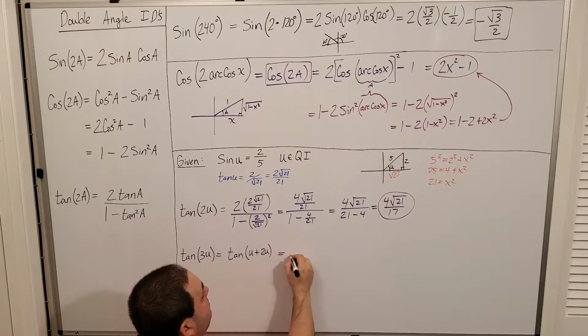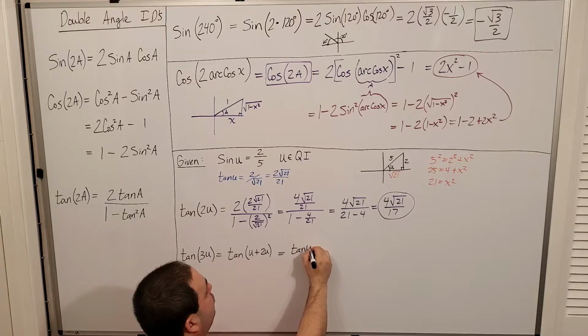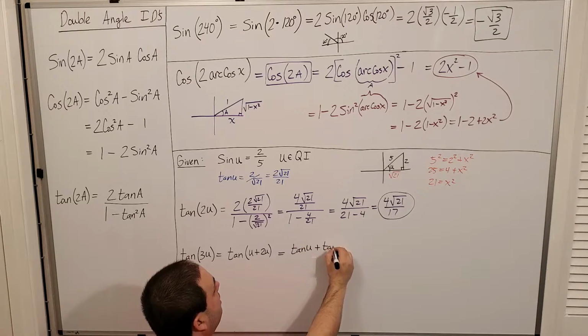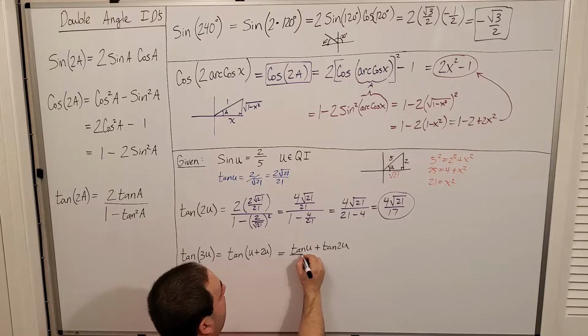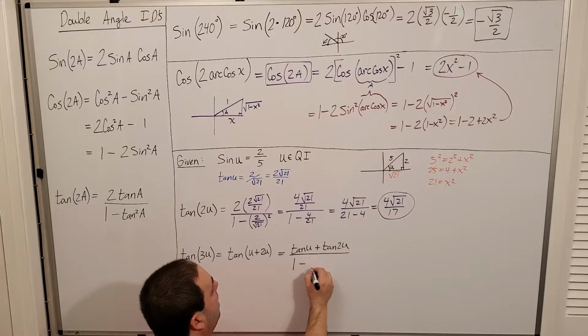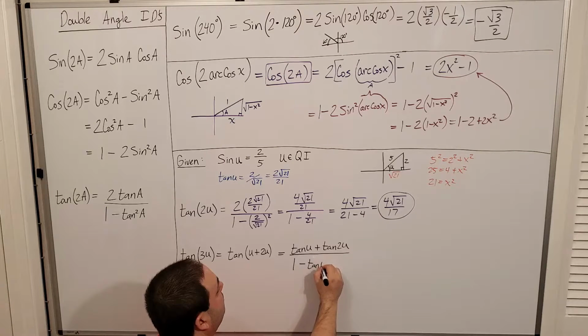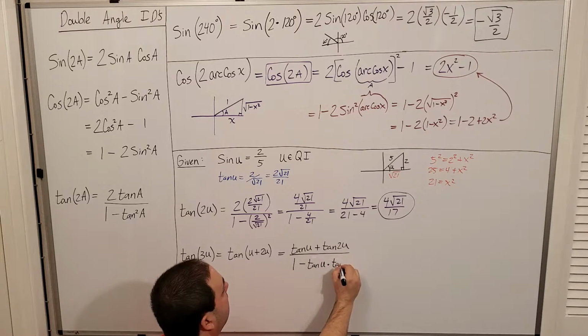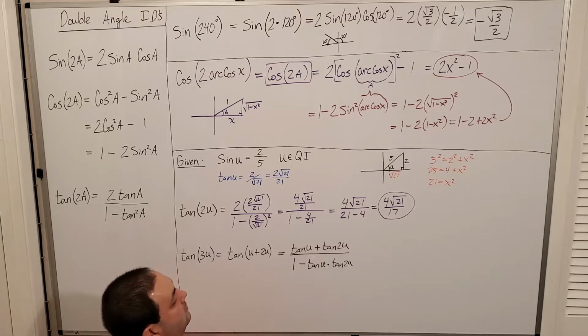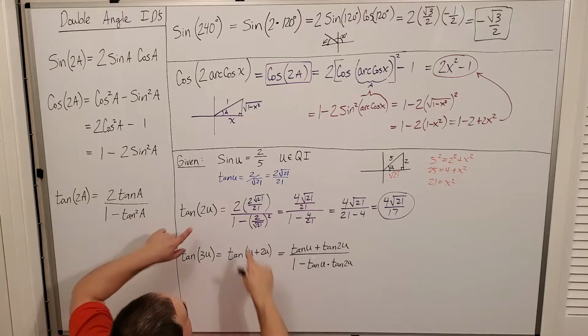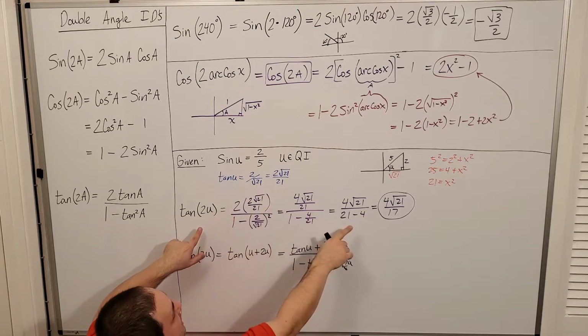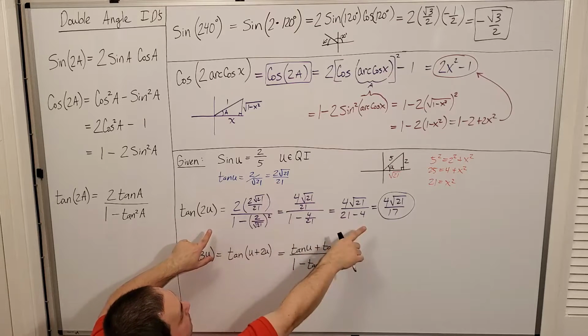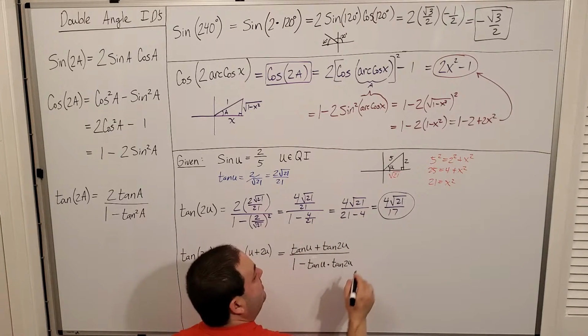That's going to give me the tangent of u plus the tangent of 2u divided by 1 minus those 2 multiplied. Well, I've already got the tangent of u and I've got the tangent of 2u. I've got both of them. So let's see what happens.